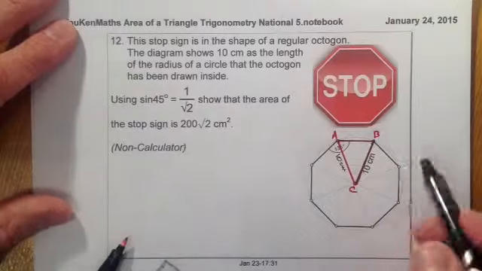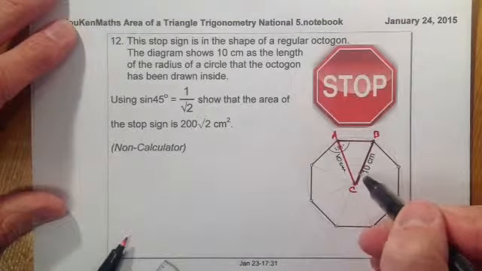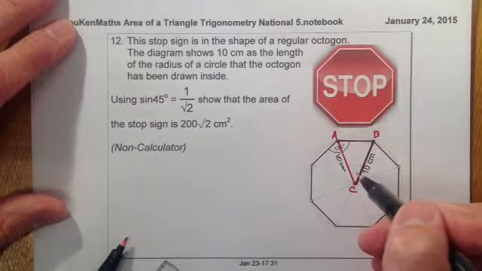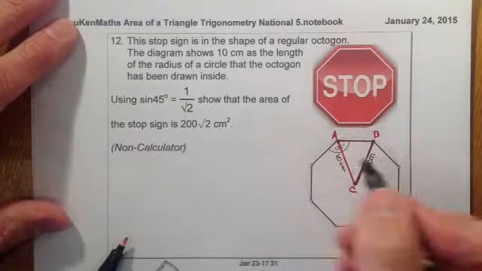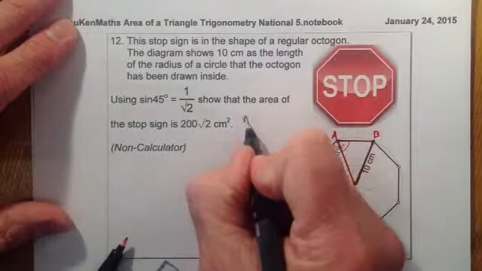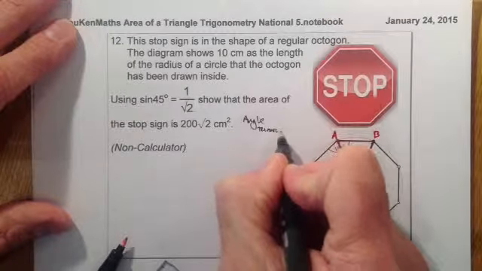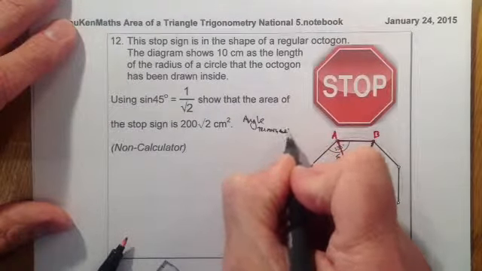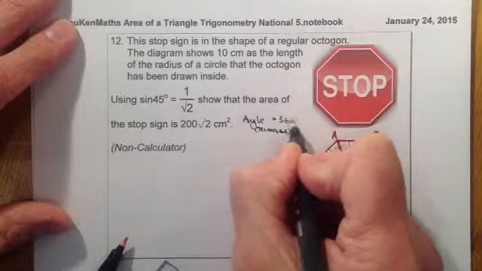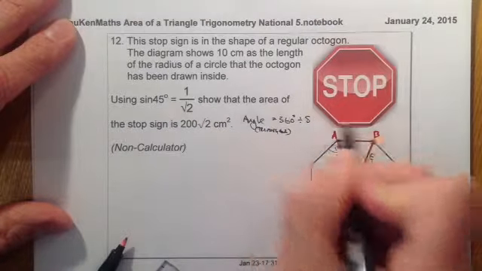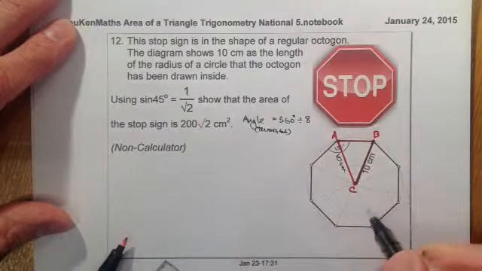The angle in between, well, in the diagram I can just see it, but if I don't know that, I can work out the angle in the triangle. So the angle of the triangle is equal to 360 degrees divided by 8, because I've got 8 triangles in here, all the same size. That's going to give me 45 degrees.